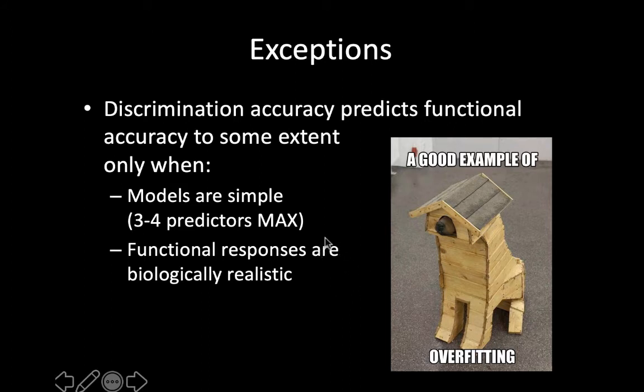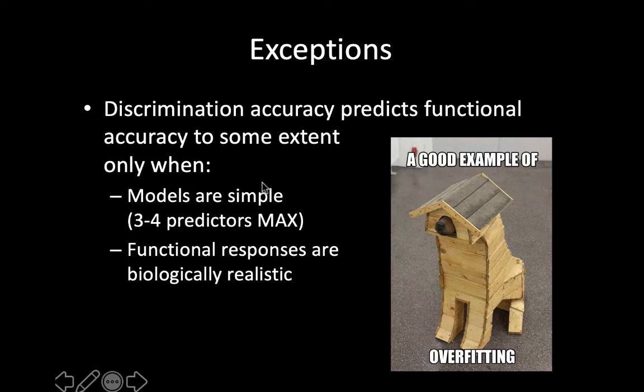So this means if the true response of the species to, say, temperature is a smooth curve, you should be fitting a smooth curve to that if you want to use discrimination accuracy to select well-calibrated models.